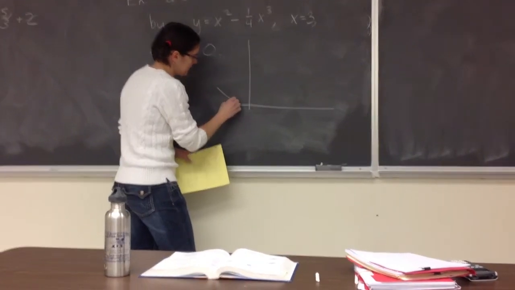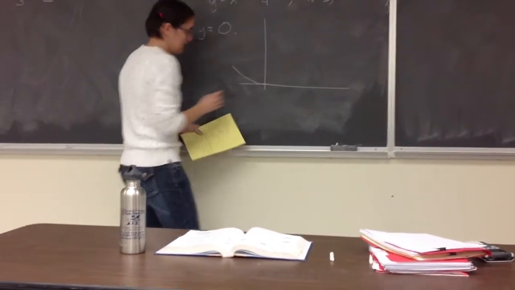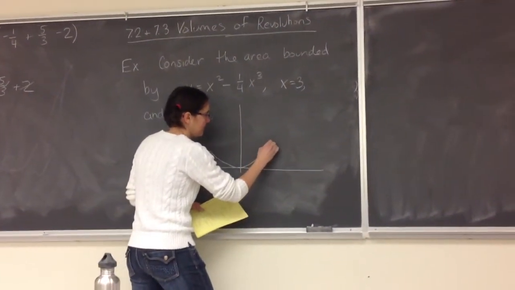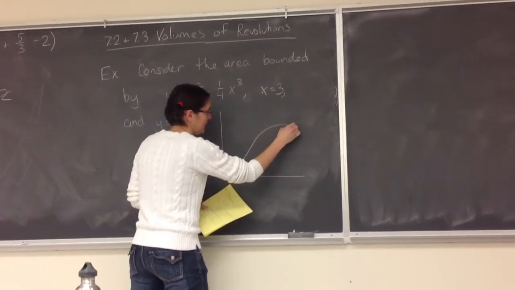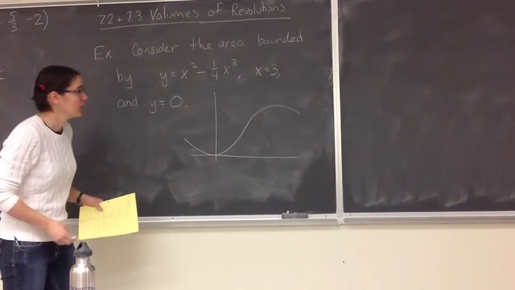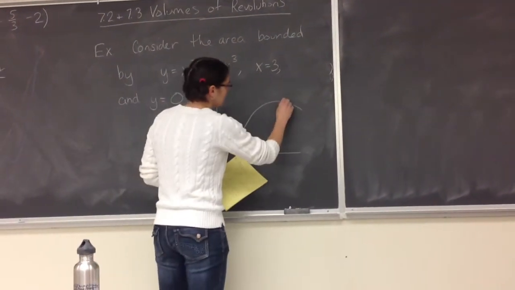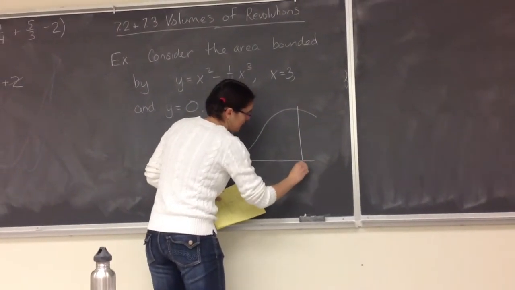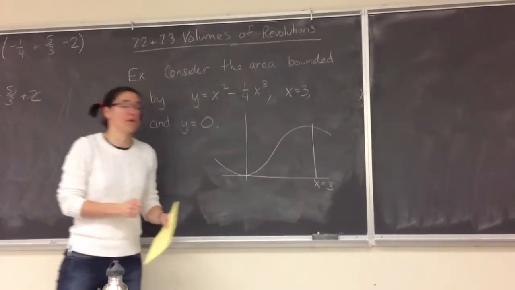The function kind of dips down, touches the x-axis, and then bounces back up, kind of flattens off, and then drops down. And approximately just slightly past the top of the hill is where x equal to 3 is located.